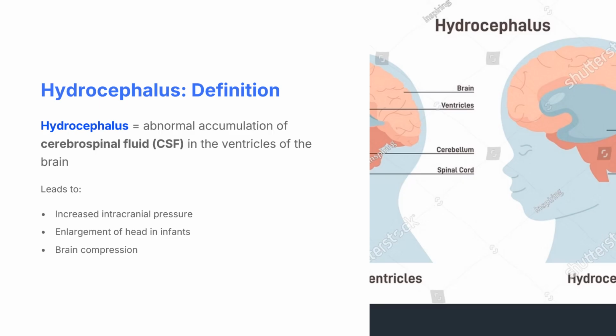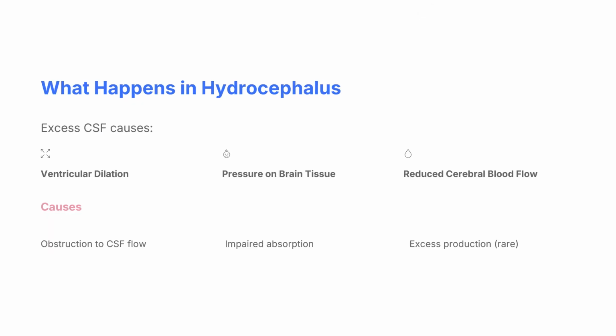So to understand this, we need to know what happens inside. What happens inside a brain? When excess CSF is accumulating, the ventricles dilate. The increase in pressure builds up on the brain tissue.